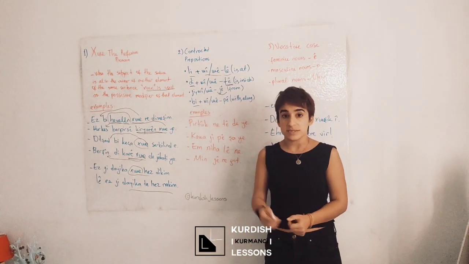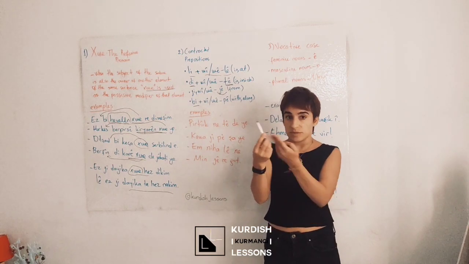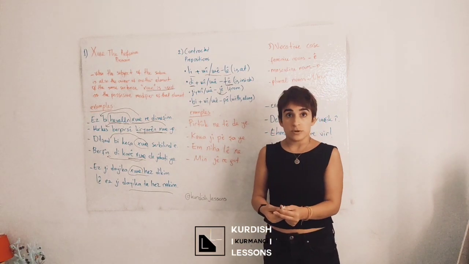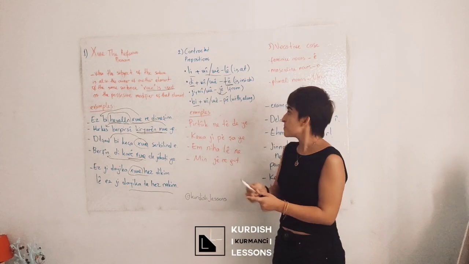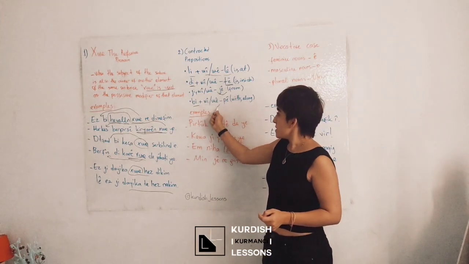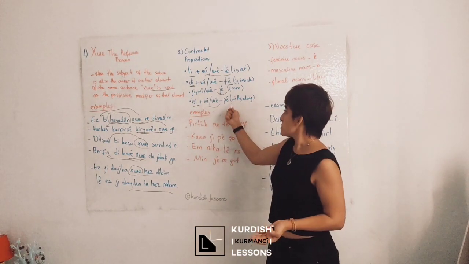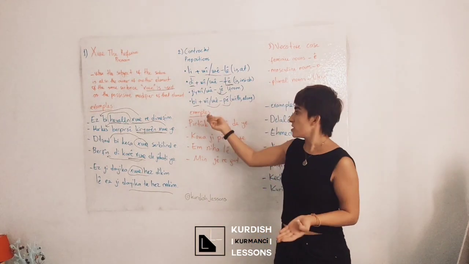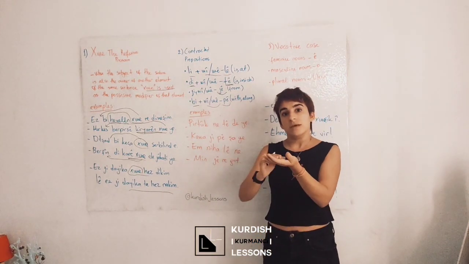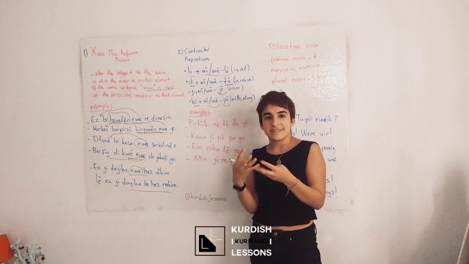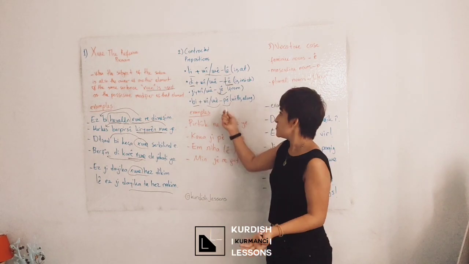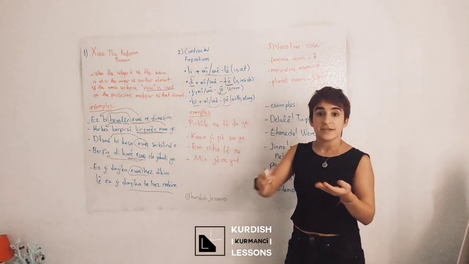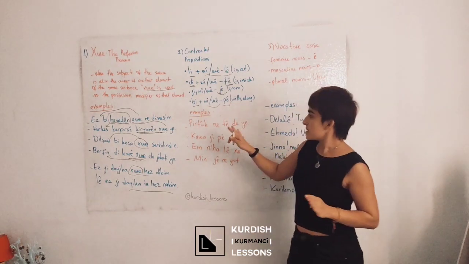So for example, you can say "bi qelemê", "bi pênûsê" with pen, pencil, or I don't know, "bi por" with hair, okay? And if you add "wî", "wê", the contracted version will be "pê". Of course you can say "bi wî", but if you want to seem like a native speaker, you can use these forms: lê, tê, jê, pê.